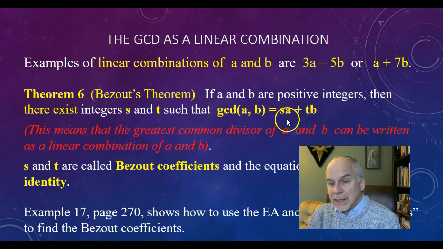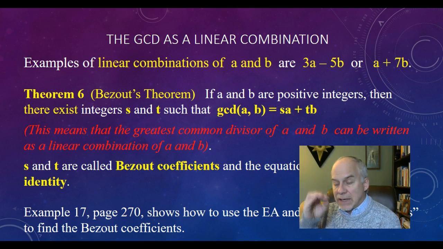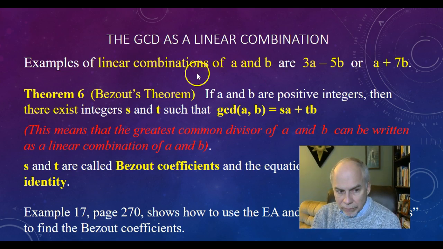So what this is saying is that there exist coefficients on the a and the b so that the greatest common divisor is equal to that linear combination. Or in other words, the greatest common divisor of a and b can be written as a linear combination of a and b.